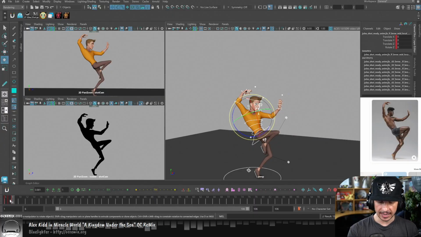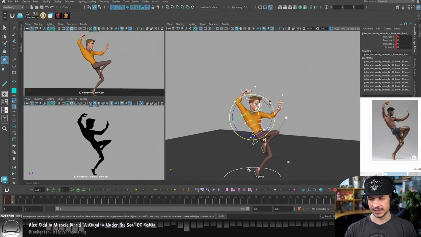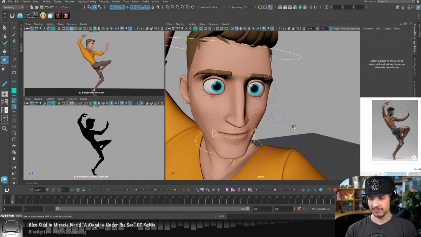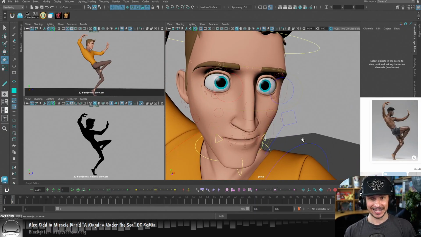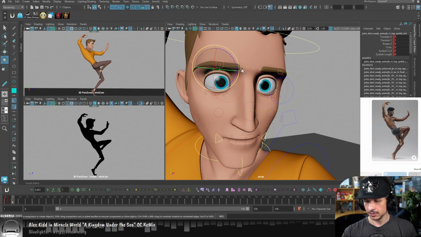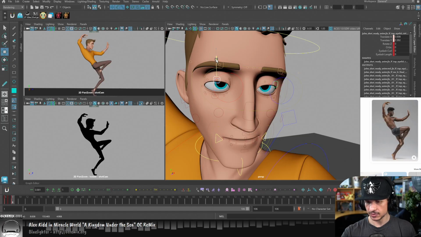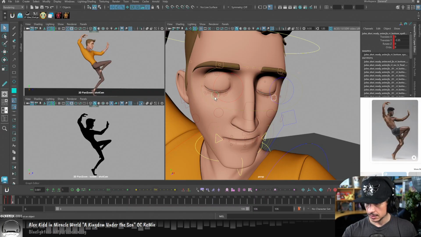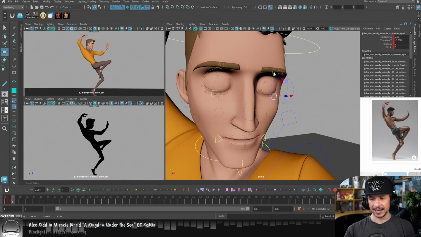If you don't, especially when the characters have a default blank expression, it can feel very dead. So just give a very, very simple expression. In this case, I'm just going to close the eyes a little bit, have him feel a little bit more relaxed. Already, we get rid of that dead-eye look.